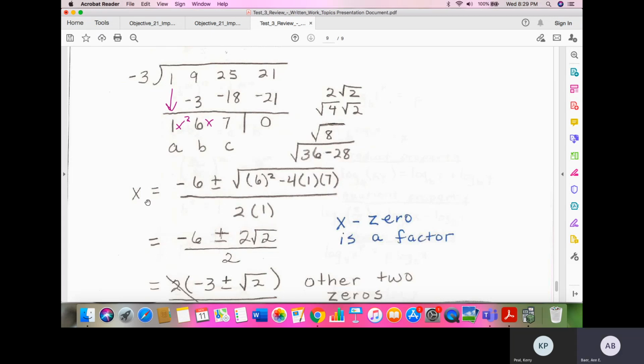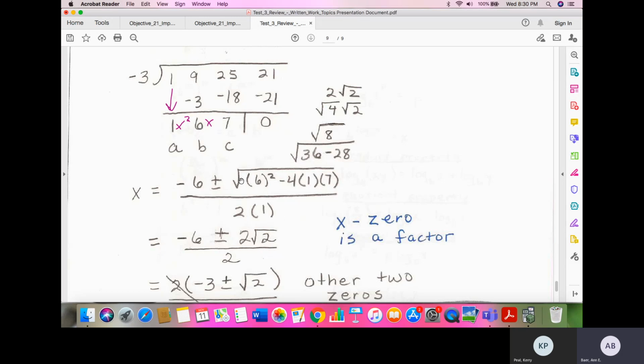So quadratic formula: x equals negative b, that's negative 6, plus or minus the square root of b, which is 6, squared, minus 4 times a, which is 1, times c, which is 7, all over 2a, a is 1.